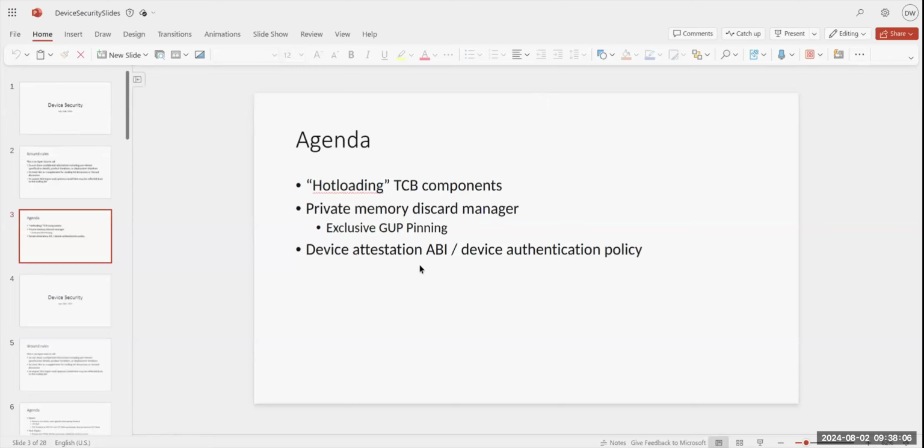One of the debates there is that discard managers are typically for unplugging memory, and with confidential computing, reusing the discard manager for private memory, the shared to private conversion, generates this conflict: yes, the memory has left the shared domain, but hasn't left the VM.